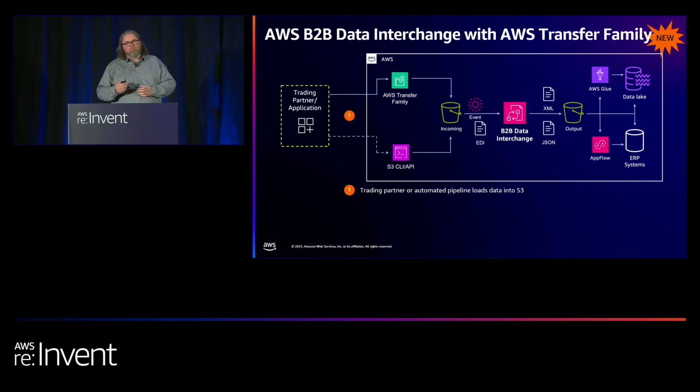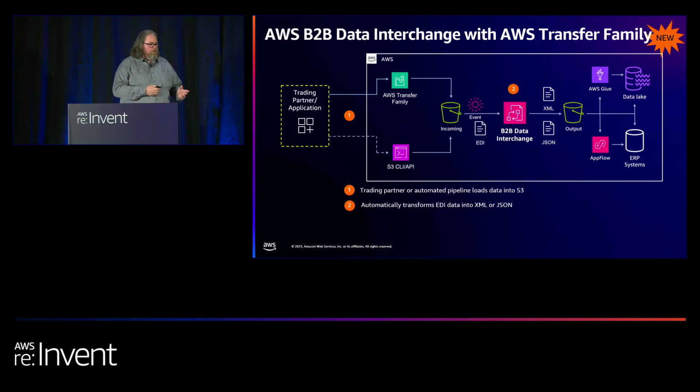Ultimately, if you were using AWS Transfer Family, you'd have a trading partner that would be sending you files over AS2 or any other protocol. Really, it doesn't matter. It doesn't have to be AS2. It's just the most common one we run into with EDI.